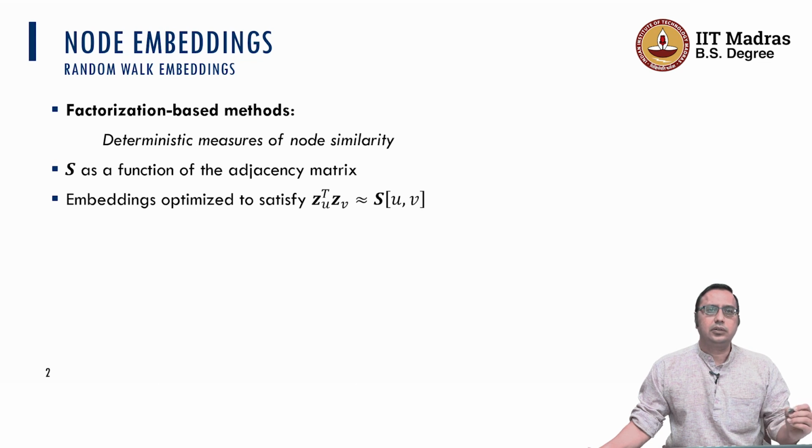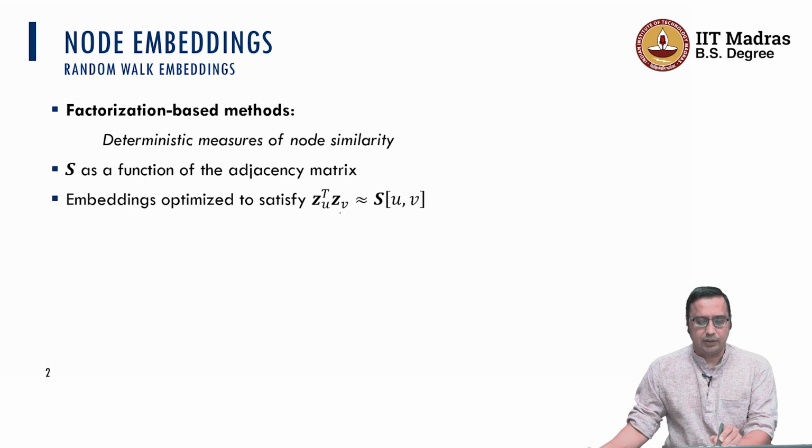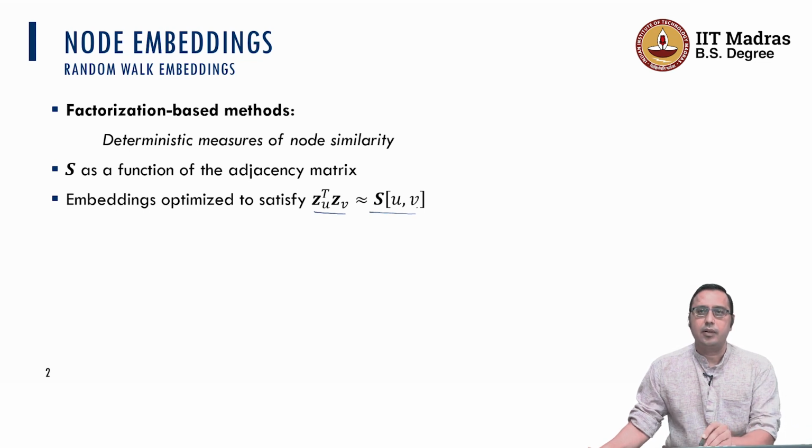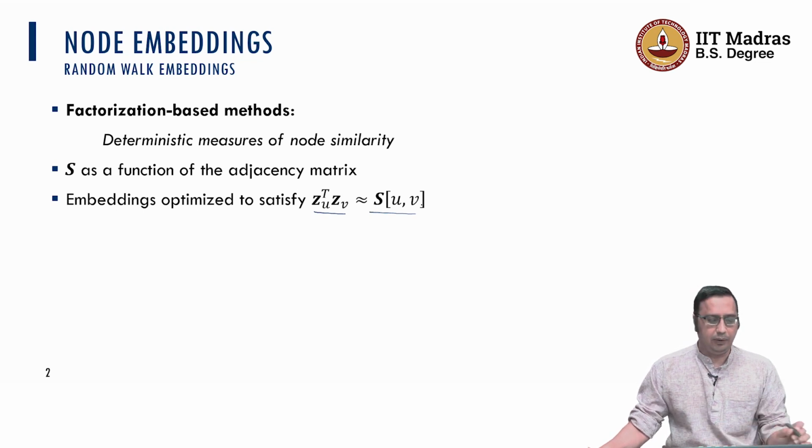And we found an embedding where the product of the embeddings of two nodes u and v is approximately equal to some similarity metric between u and v. And we have learned this zu and zv as our embedding.